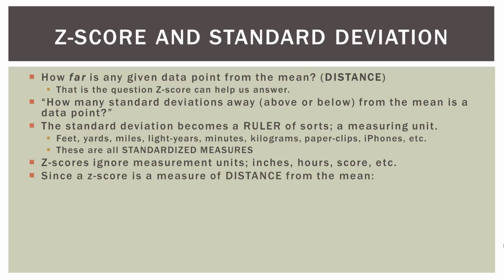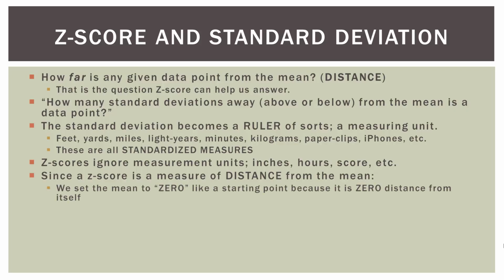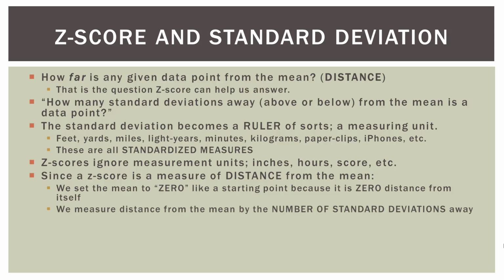Since a z-score is a measure of distance from the mean, we set the mean of our data to 0 because the mean is 0 distance from itself. That's why the mean has a z-score of 0. And then we measure the distance from the mean by the number of standard deviations away any given data point is.